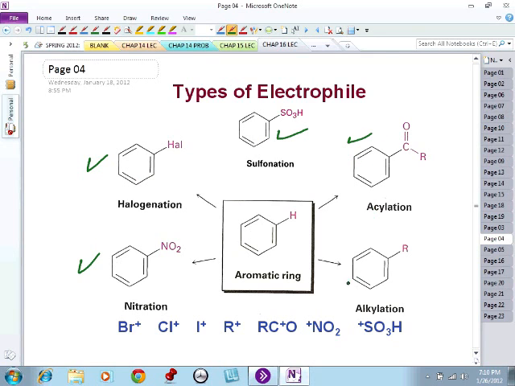Friedel-Crafts acylation, Friedel-Crafts alkylation. And now in each one of these cases here, the electrophile is positively charged. As you can see, the bromonium ion, chloronium ion, iodonium ion, carbocation. We call this the acylium ion. This is this one here.